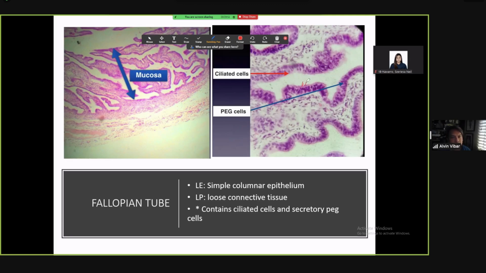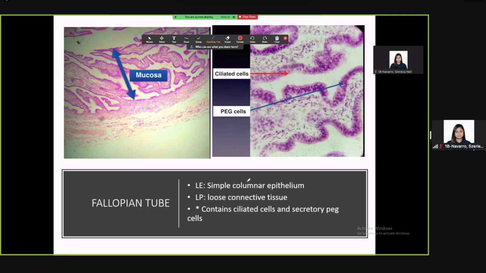What will be the purpose of the cilia? Do you still remember those apical projections? What is the purpose of those cilia? Para saan kaya yung mga ciliated cells? It helps to move the egg po.